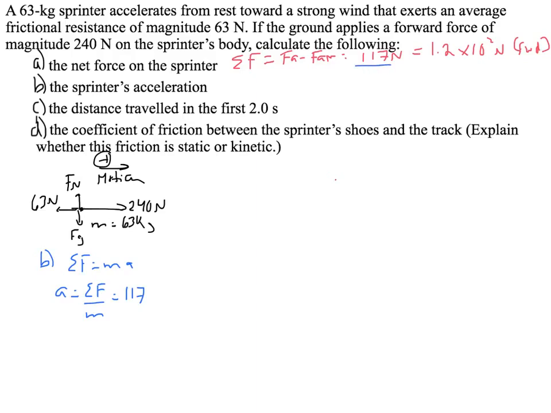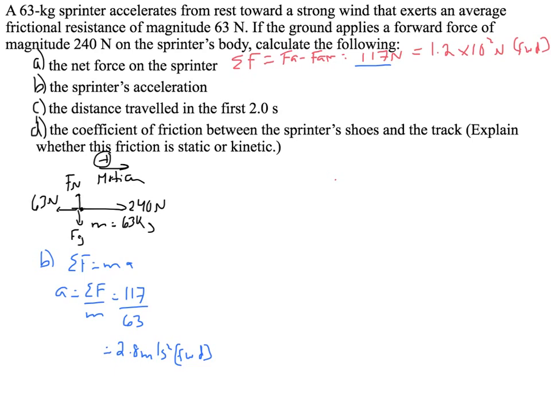So 117 divided by 63 works out to be 2.8 meters per second squared forward.